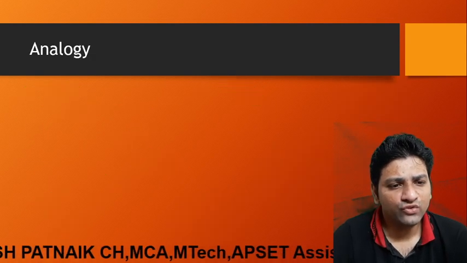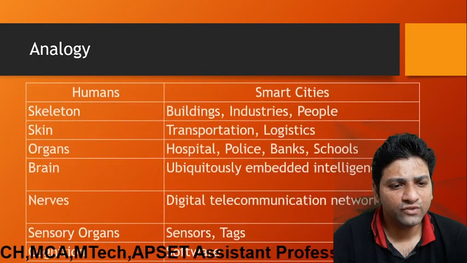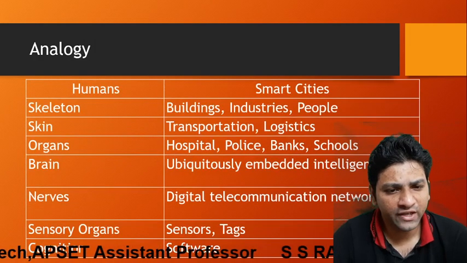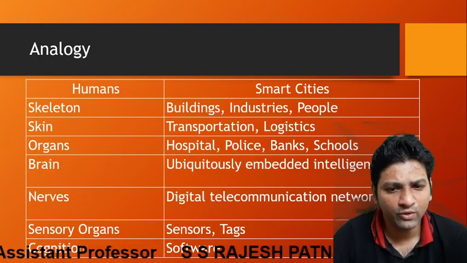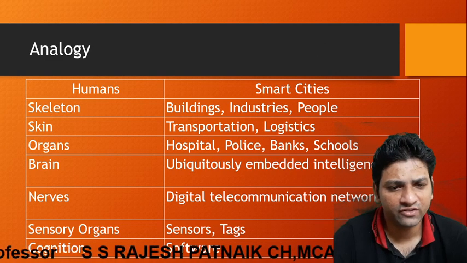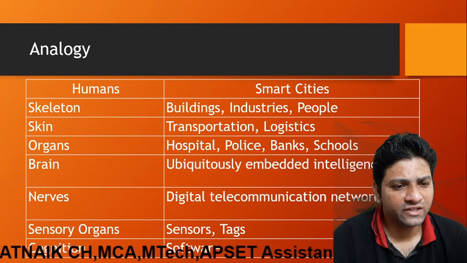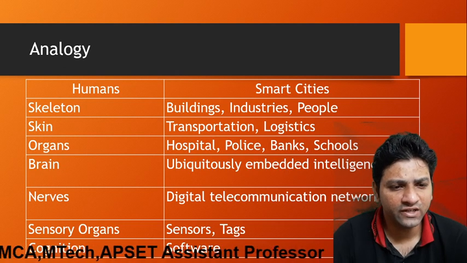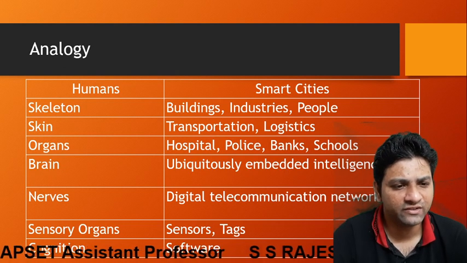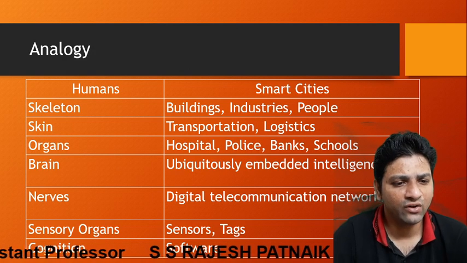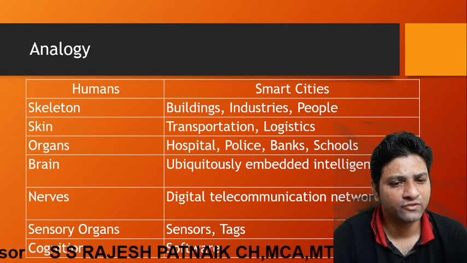If you see the analogy, take two things: one is a human and the other is a smart city. In the case of a human, what is the basic skeleton? We need a skeleton, then skin, then organs as the major parts of the human.